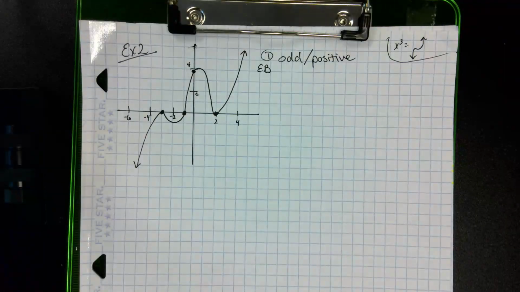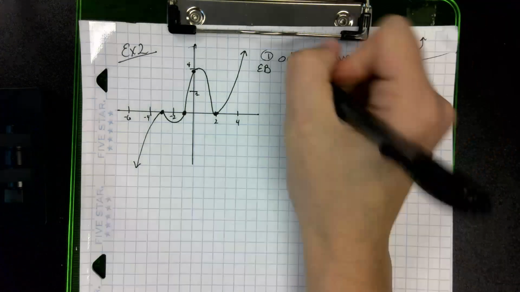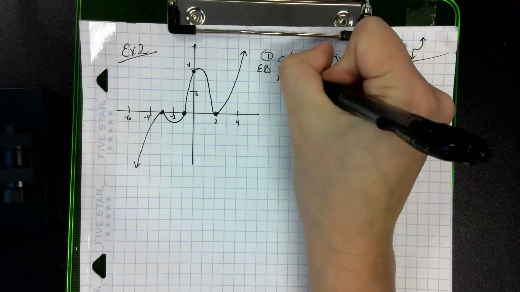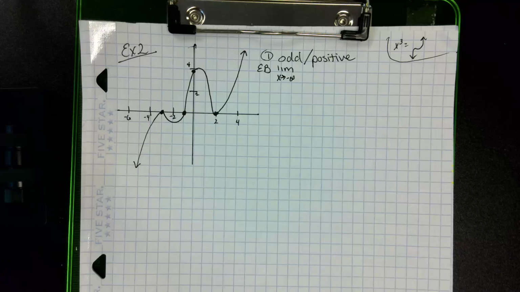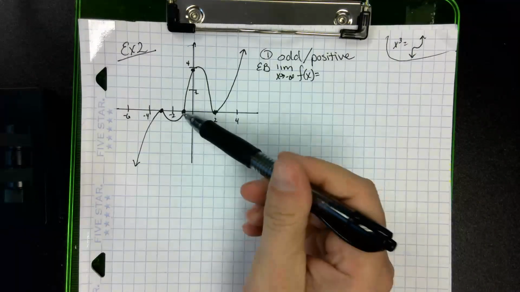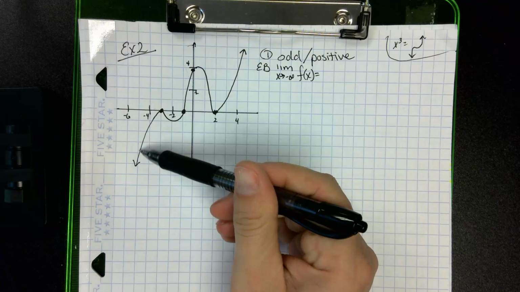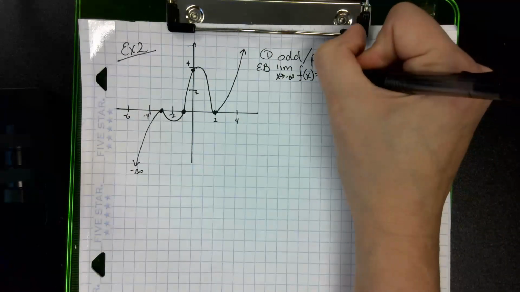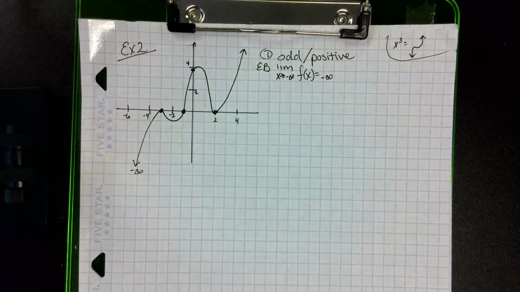I'm okay if you use the abbreviated end behavior that I showed you, but I'm going to write it as the limit. As x goes to negative infinity, the left end behavior of the function equals. So as I go to the left, my function is going down towards negative infinity. The y's are going to negative infinity.